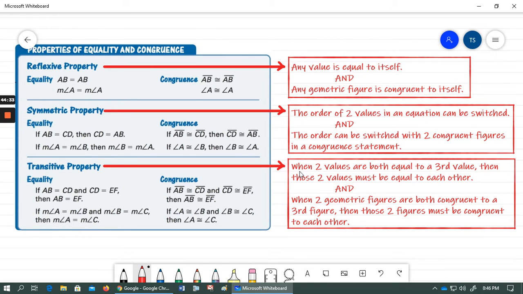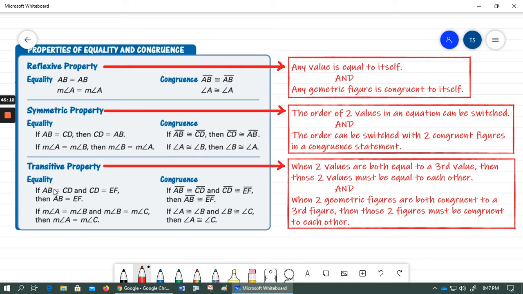So as a property of equality, what the transitive property pretty much says is that when two values are both equal to a third value, and when we did the little illustration a few minutes ago, in layman's terms, we called that third value the middleman, and we said you could cut out the middleman. So again, when two values are both equal to a third value, then those two values must be equal to each other.